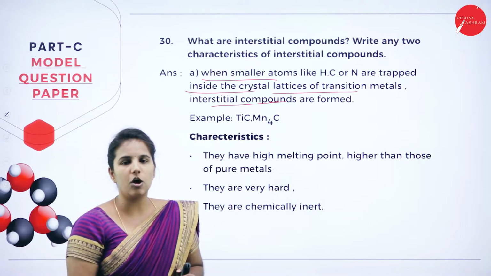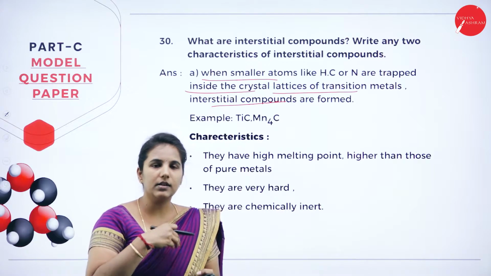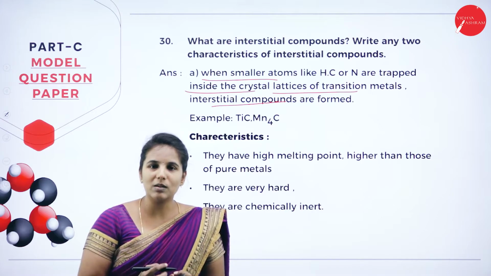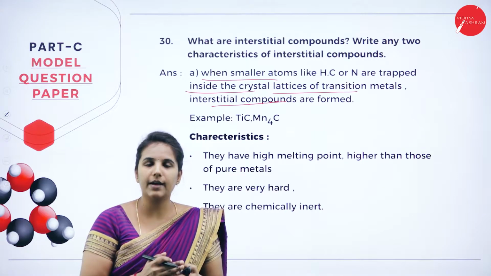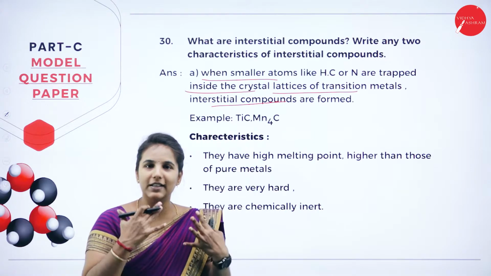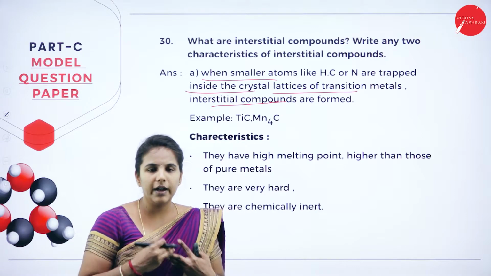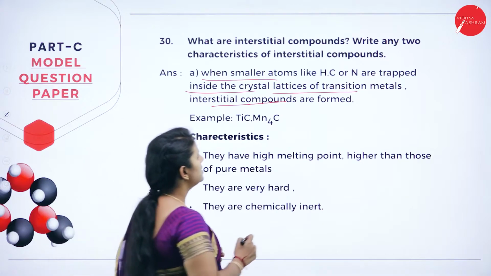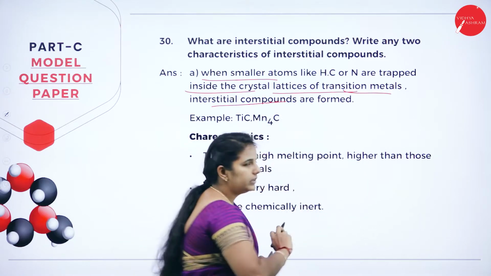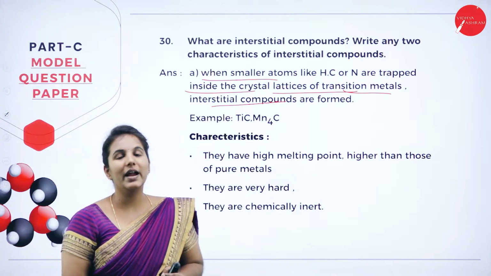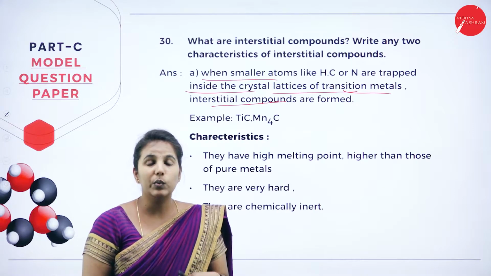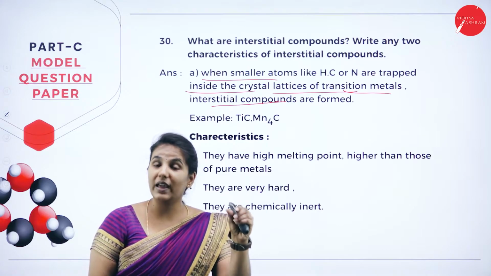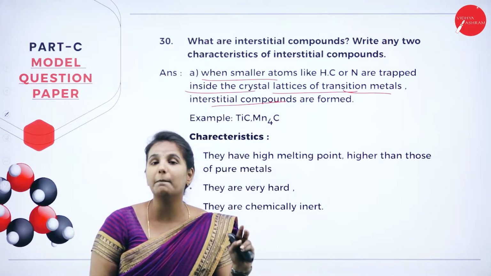What is an interstitial compound? In a metal crystal lattice, if some of the smaller atoms like hydrogen, carbon and nitrogen get trapped inside the interstitial sites of that transition metal, that is known as an interstitial compound. Why is it known as interstitial compound? Because these are the vacant spaces found in the metal.